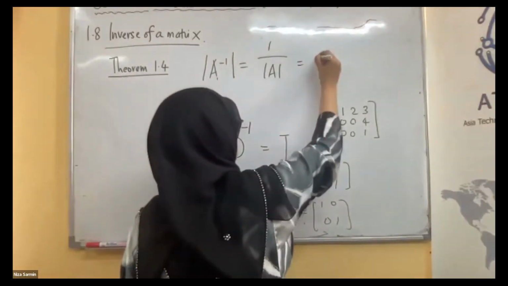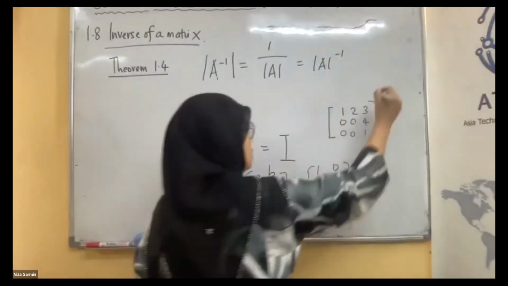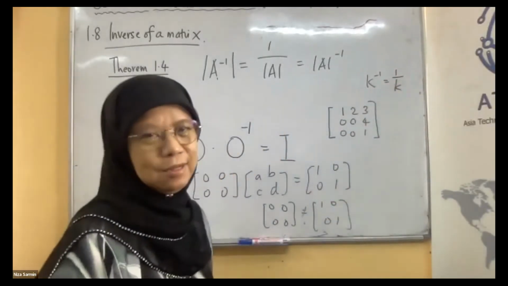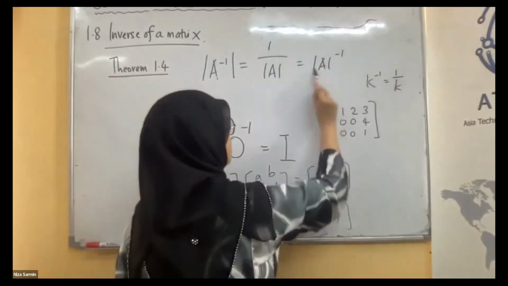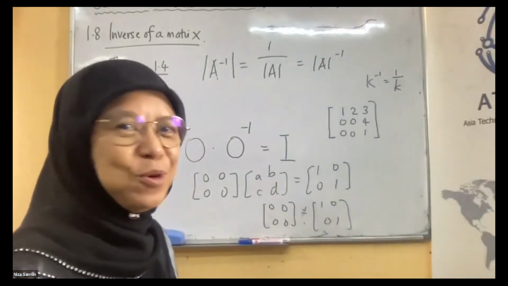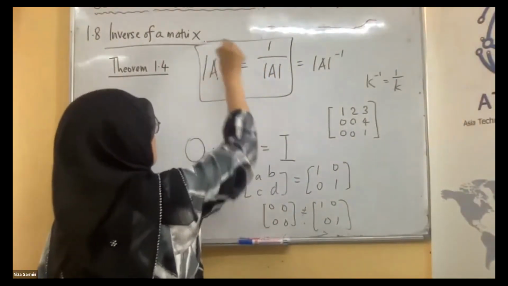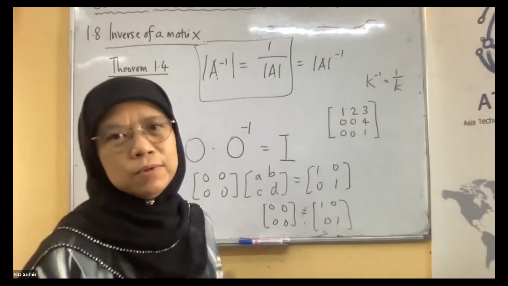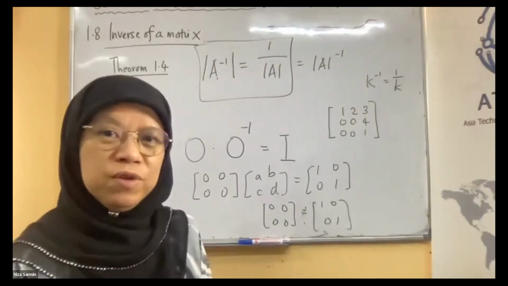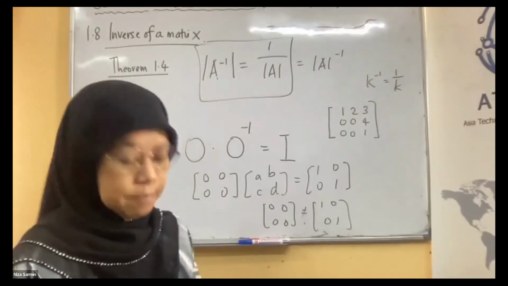You can write this as a number to the power of -1, but people don't really write like this because they tend to be confused. So normally we will write it like this: the determinant of the inverse is 1 over the determinant. So if it's 3, then the inverse has determinant 1 over 3.